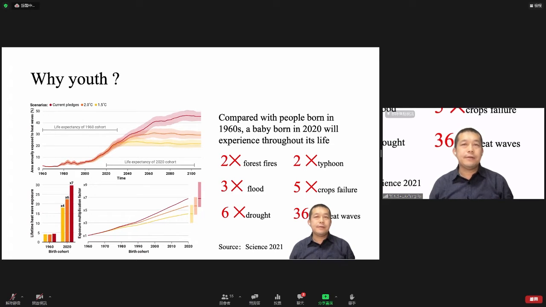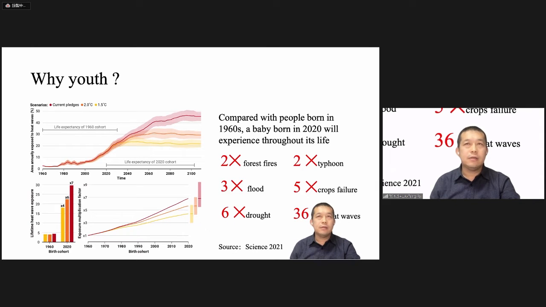studies. This is a paper published by Science just several months ago, which generally compares a baby born in 2020 with people born in the 1960s or 70s or previously, to see what the difference is in terms of climate impact between those two groups of people.